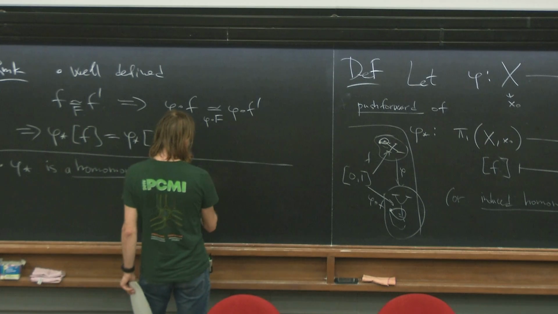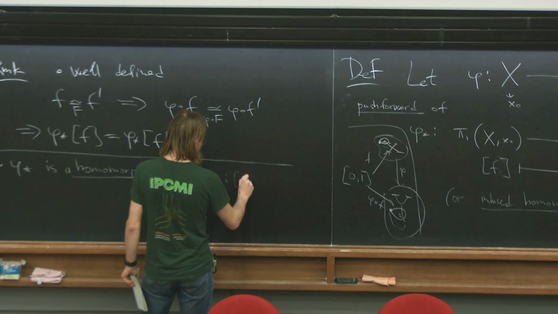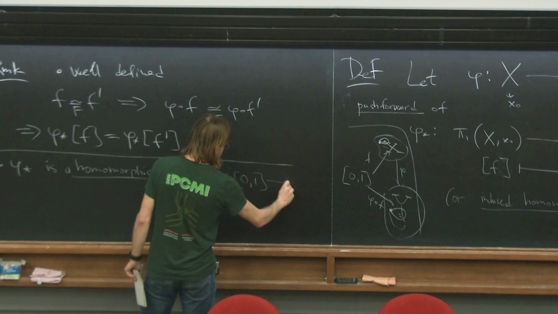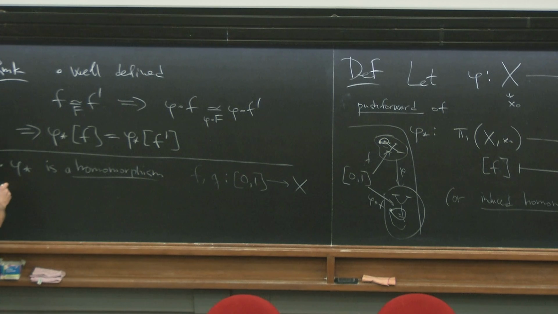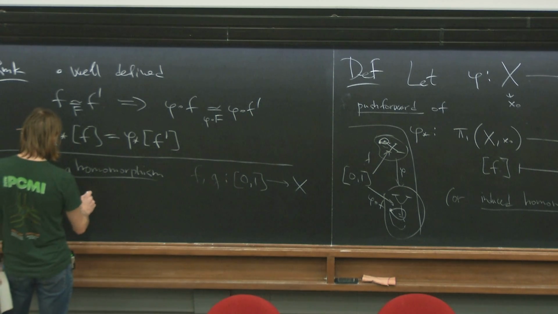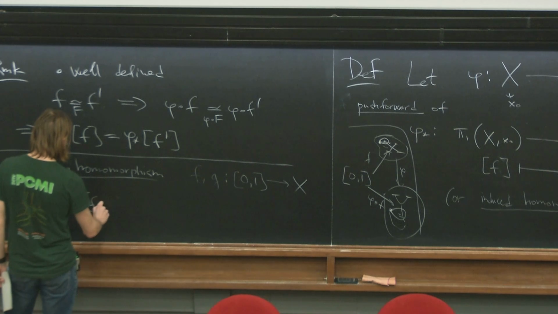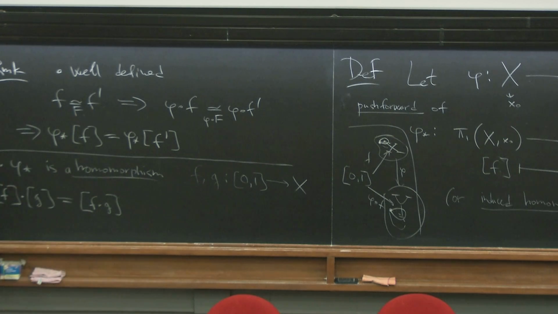So for this, let's consider a pair of loops in X, and consider their product in the fundamental group of X. By definition of the product in pi 1 of X, this is the class of a composition of loops f and g.